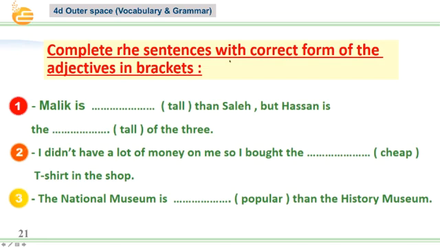Okay, complete the sentence with the correct form of the adjective in the brackets. 1. Malik is blank than Saleh. We have two. Okay, don't forget that. Malik and Saleh, we compare between two. But Hassan is the blank of the three.